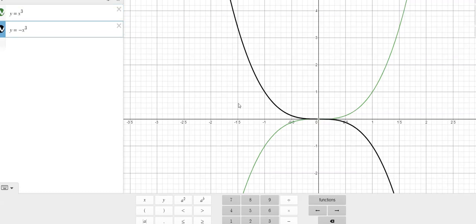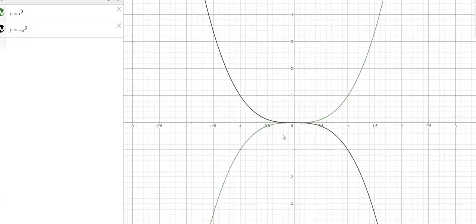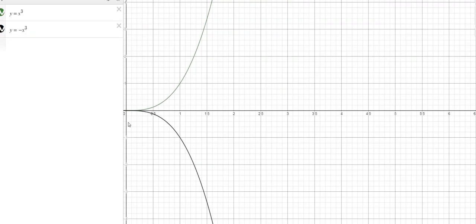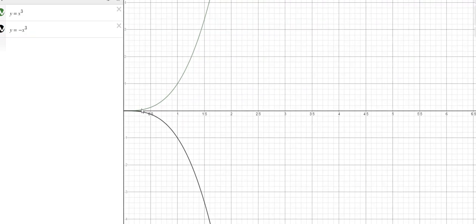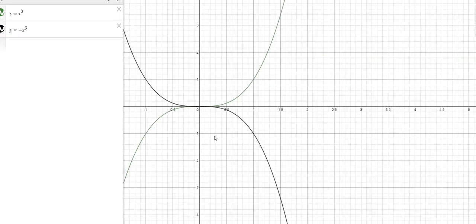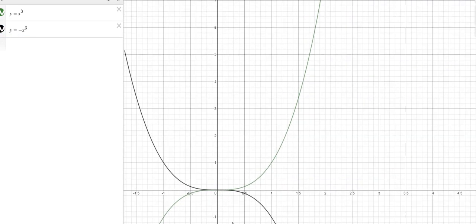demonstrations of both reflections. I mean, if we wanted to look at just, say, the reflection across the x-axis, we can see it here. X cubed is in green and negative x cubed in black. And that would be what happens when we have the negative sign just in front of the function. But if we replace x with negative x, we get the same thing.